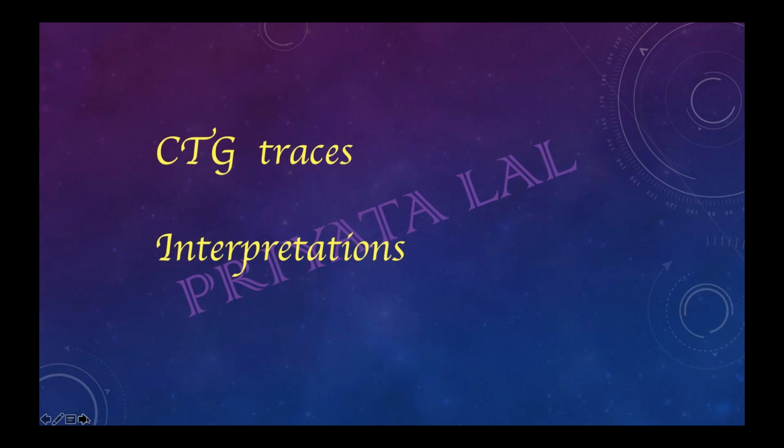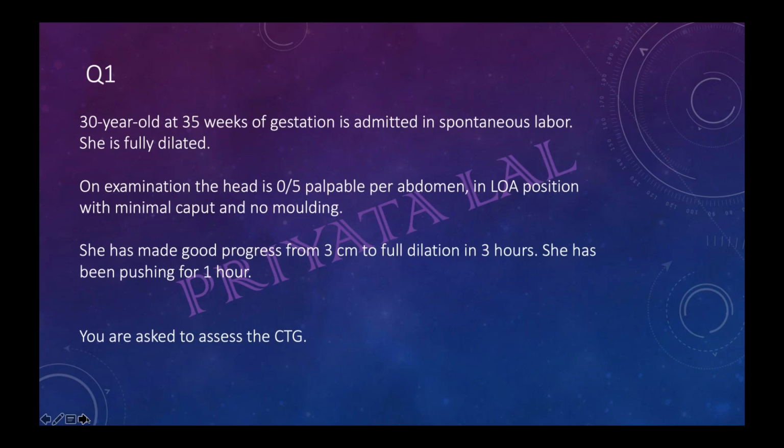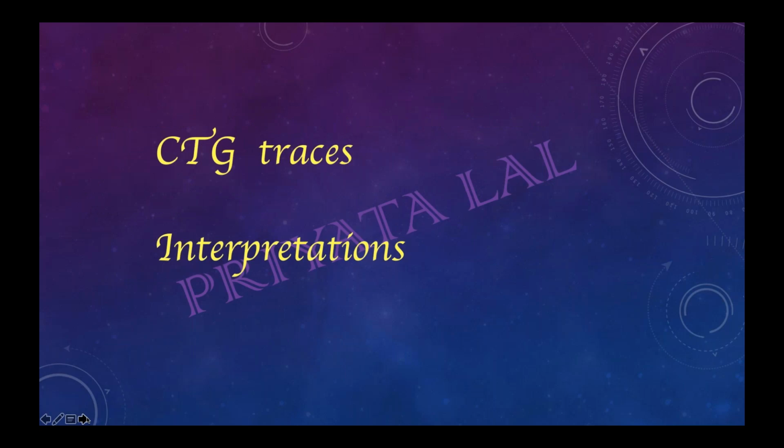I think we should go for traces, many of the answers will be done. Just wait. That's why she was asking the question, that the variability is abnormal but the acceleration was there.